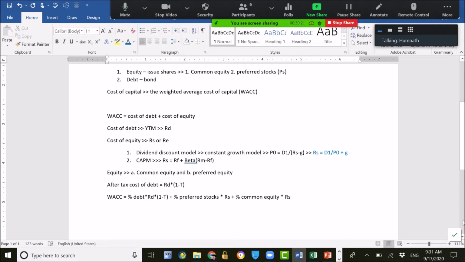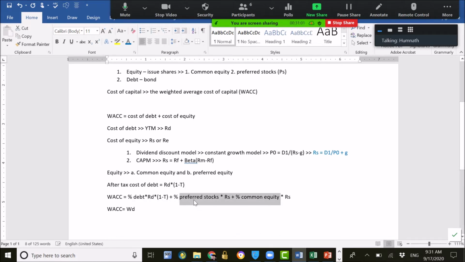In other words, WACC, now let me put the weights. Percentage means this is the W. I'm going to call it WD. What does WD mean? Weight of debt. That means the percentage of debt you are using in your company. Your company is comprised of two different sources of capital. You have debt and you have equity.